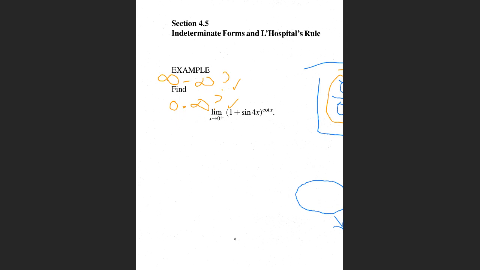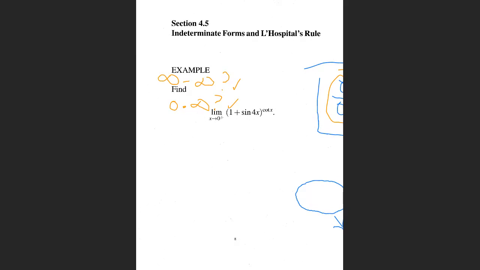On the other hand, the cotangent of x, that's your power, is going to approach the cosine of 0 divided by the sine of 0, because cotangent is cosine divided by sine.